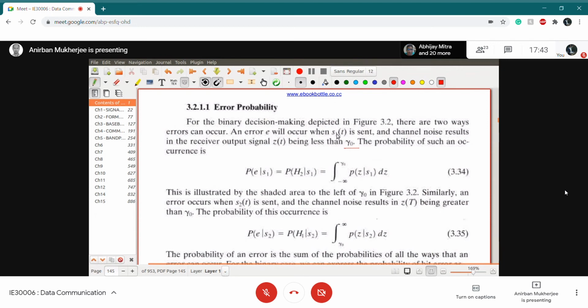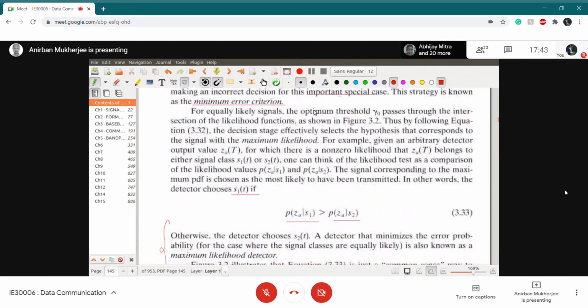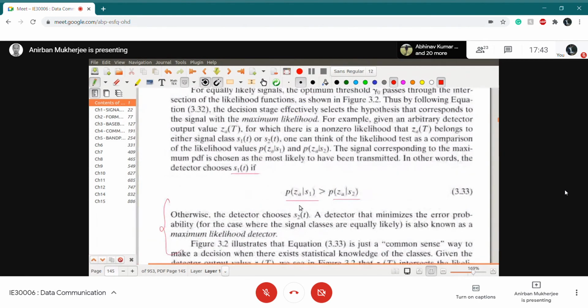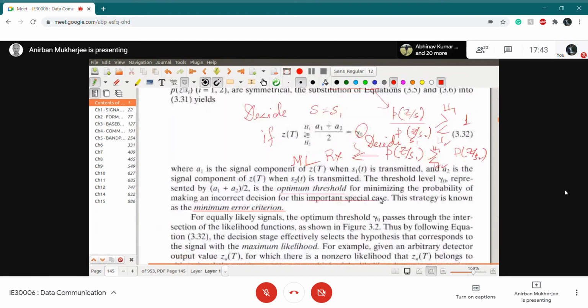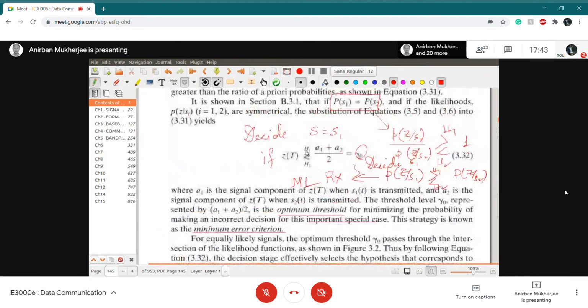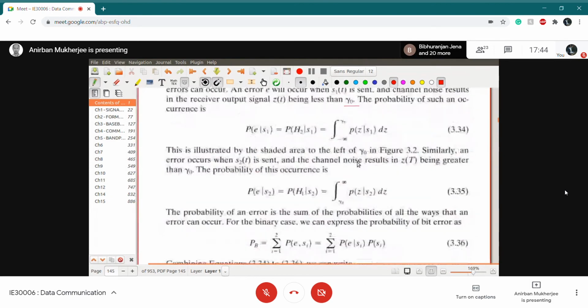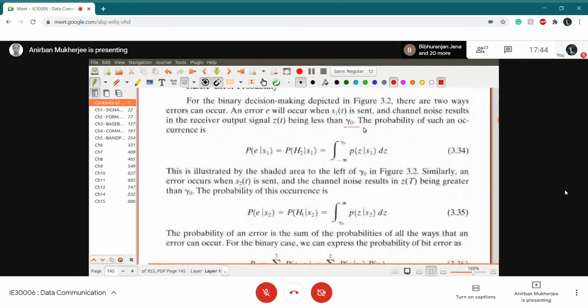But in order to detect S1, that means when you choose H1, your Z(T) should be greater than gamma 0. But actually it has become Z(T) less than gamma 0.